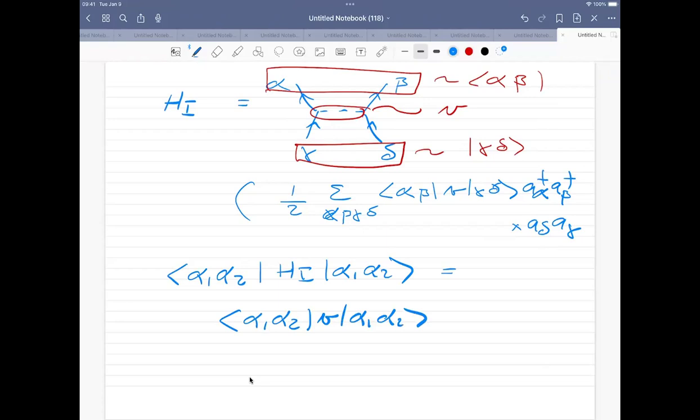So this goes back to what we did in the beginning of the semester. We calculated this using either standard first quantization by setting up the integrals, which was one of the things we did the first week, or we can set it up using second quantization.